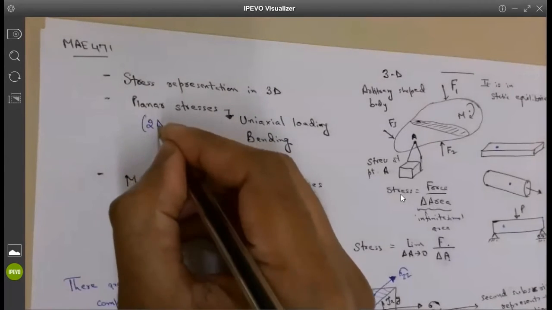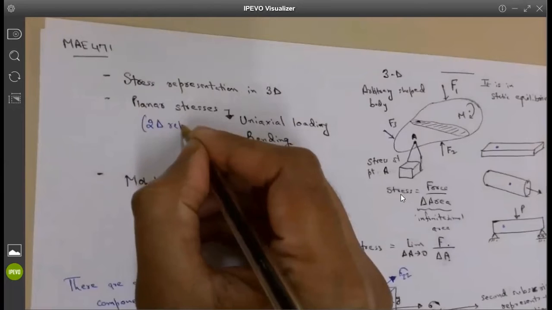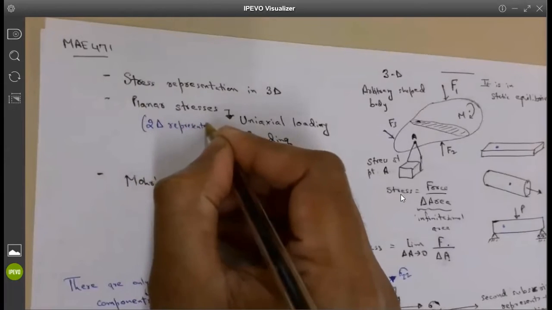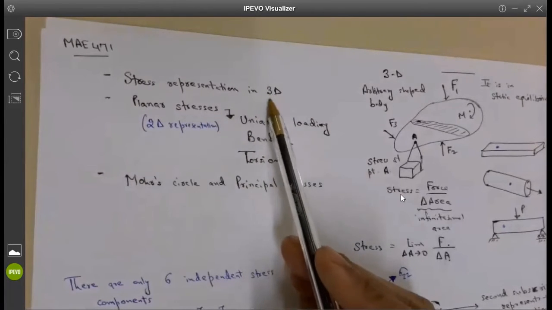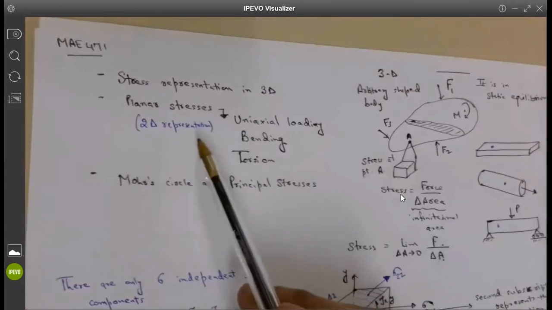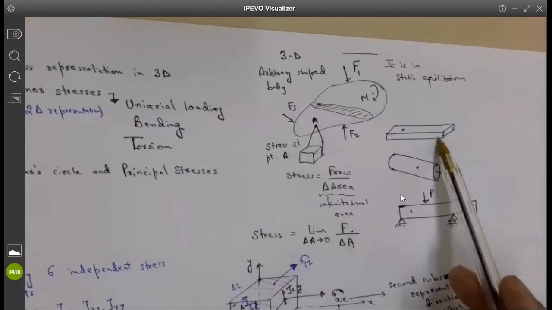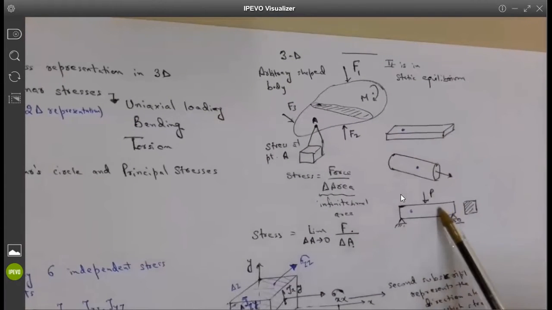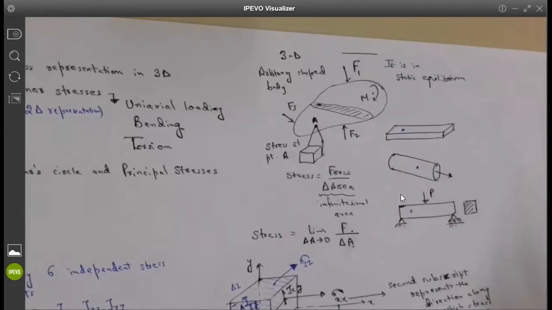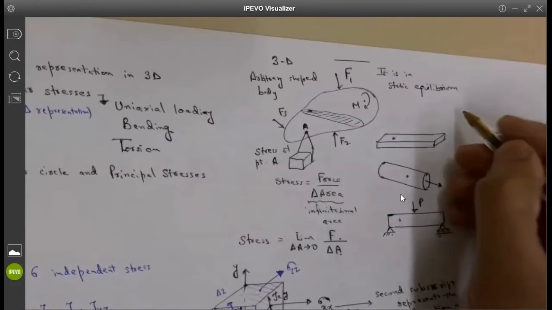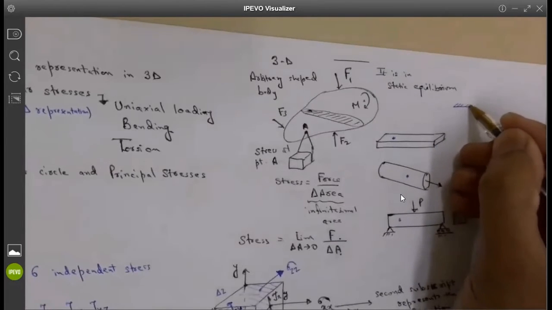So this is 2D representation. If you look at any of these scenarios, you will see that the stresses are either in a 1-dimensional case or a 2-dimensional situation. For example, if you have a simple uniaxial load.